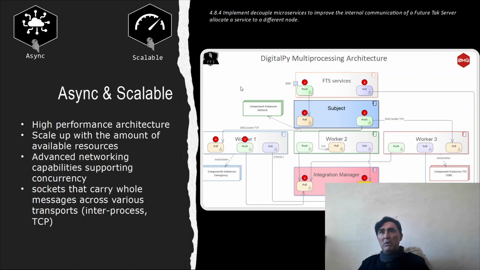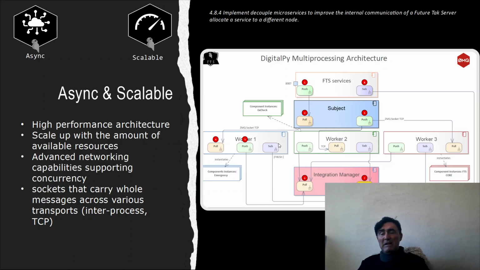So we have non-blocking processes. Even if one part of the system goes offline, the rest of the system will continue to perform its duties. Additionally, that is not yet in the pipeline, but it's a potential feature: we can implement the worker in any language, and that means that not only can we allocate this to a different node, but it could be a completely different implementation.